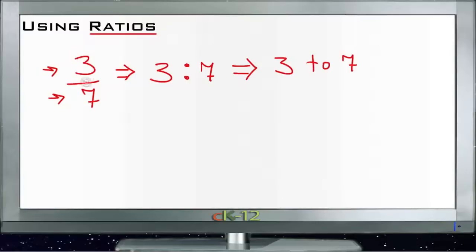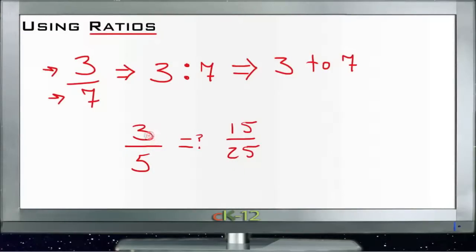Now, kind of like we do with fractions sometimes where we compare them to see if they're the same value, we do the same thing with ratios sometimes. We'll compare ratios and see if they are equivalent ratios. And ratios are equivalent if the two numbers or the two values on one ratio can be multiplied by the same value to get the two numbers on the other one. So in other words, if we have, say, the ratio 3 to 5, and we're wondering, is it equal to the ratio 15 to 25?